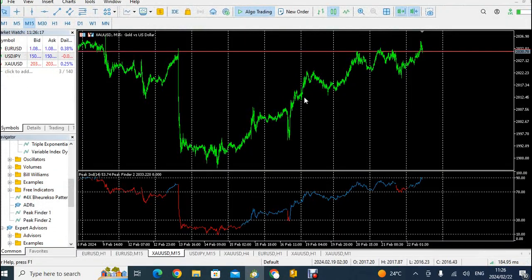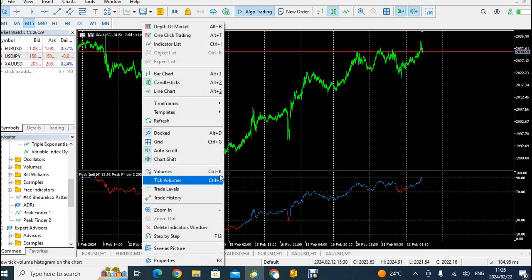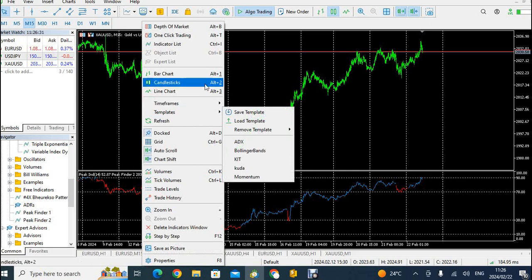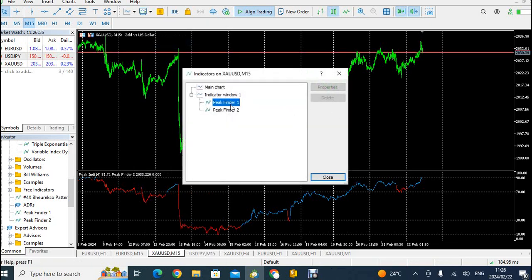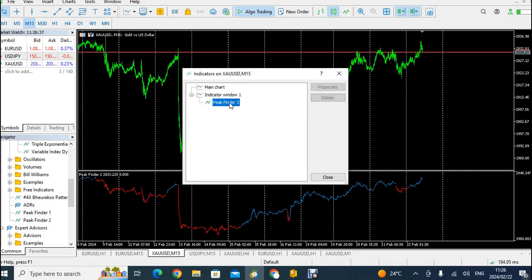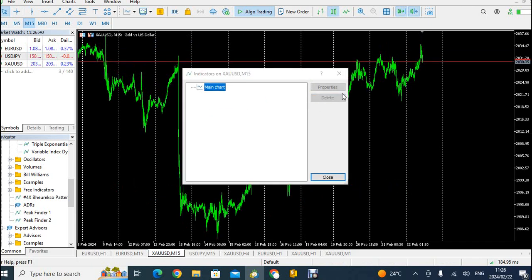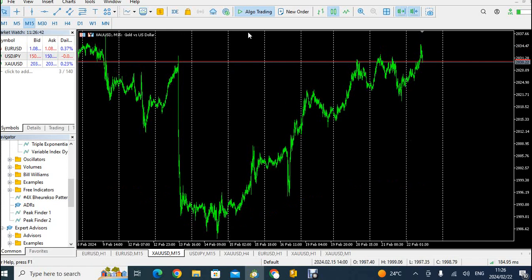So if you look at the account that I have here, let me show you how to load these indicators onto the screen. Let me remove these two, so that I'm just left with a clean chart.